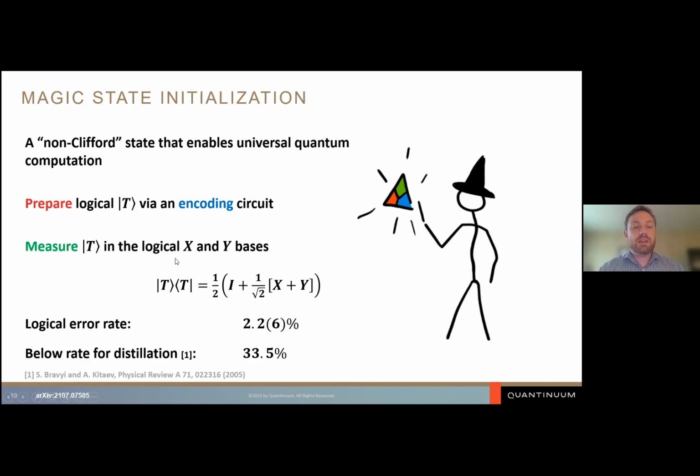And so we then measured in the logical X and Y basis to construct the logical error rate. And we found that it's around 2.2% for this initialization, which is below the needed distillation error rate for the input into some distillation protocol, like, for example, Bravyi-Kitaev's distillation protocol, but there's some others as well.